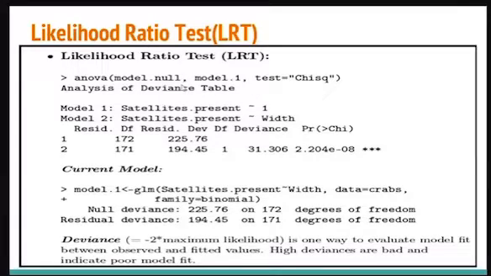I advise that when you write ANOVA, when you are comparing two models that are nested in logistic regression, you need to specify test equal to chi-squared. The probability distribution, when the null hypothesis is true, follows the chi-square distribution. And that's why you need to put test equal to chi-square. So I need you to take note of that.